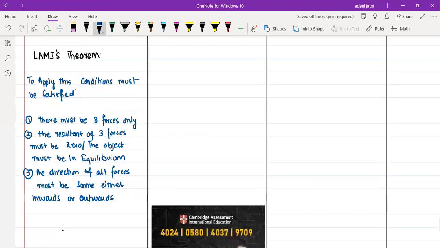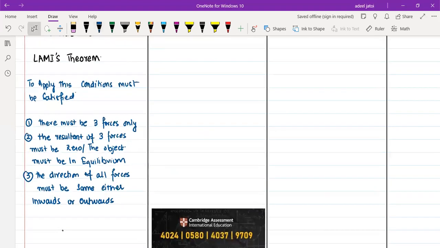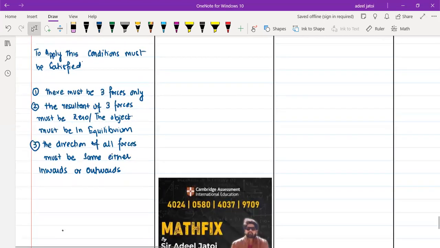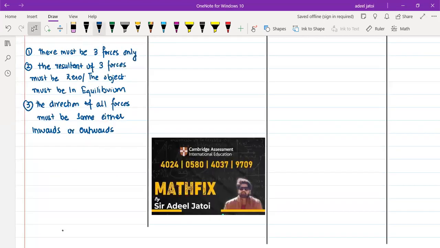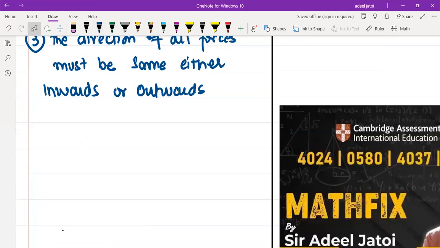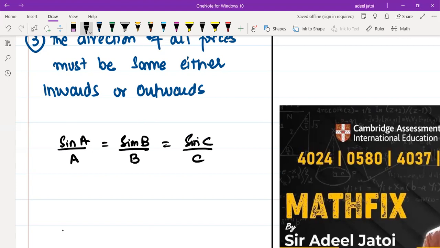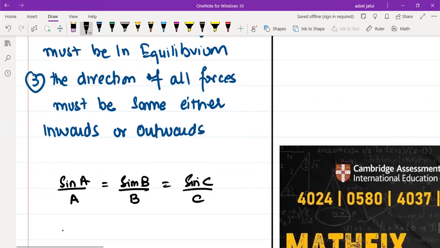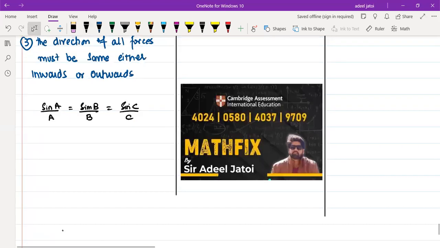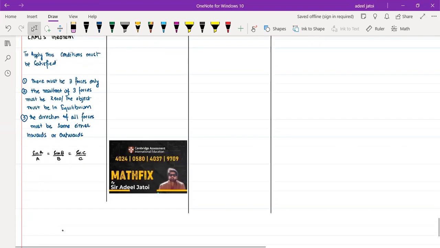So these are the three conditions that must be met before Lami's theorem can be applied. Now, Lami's theorem is normally considered like the sine rule. Let's say we have sine A upon A is equal to sine B upon B is equal to sine C upon C. So for Lami's theorem, it's just like your sine rule.